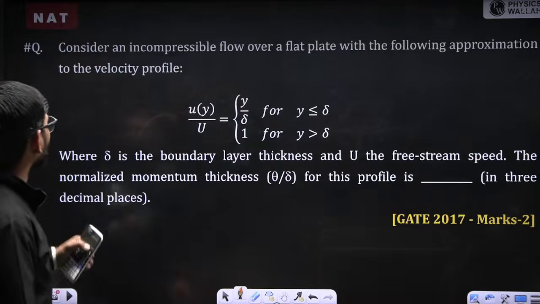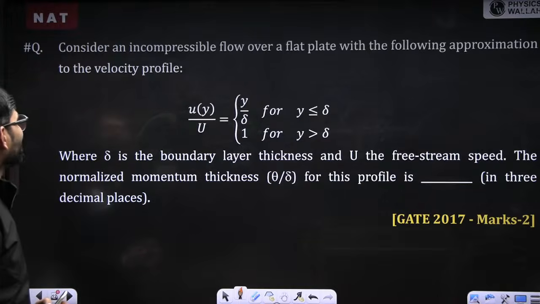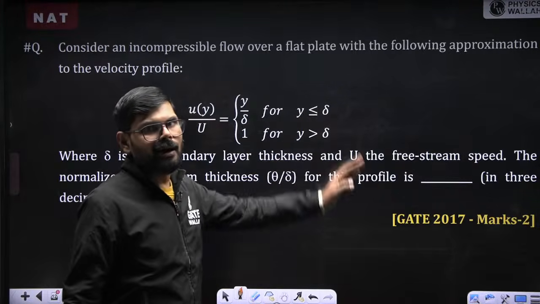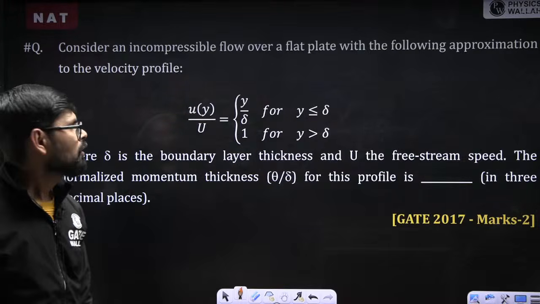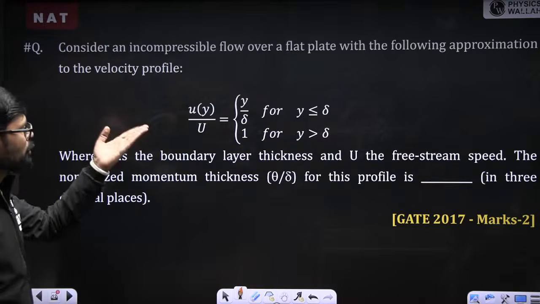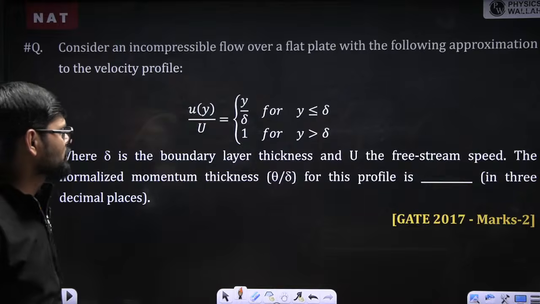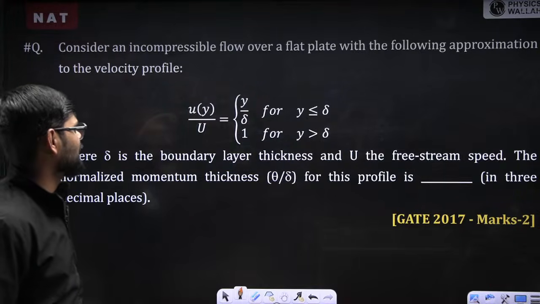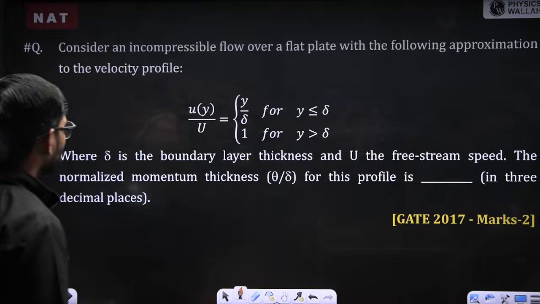Okay, solve this problem. Consider the incompressible flow over a flat plate with the following approximate velocity profile. Up to delta, that is y up to delta, the velocity profile is linear, right? Where delta is the boundary layer thickness and u infinity is the free stream velocity, we need to find the normalized momentum thickness for the profile. Please solve this.